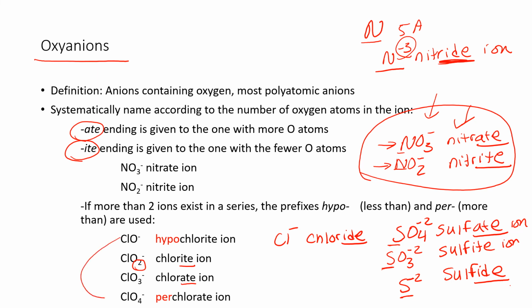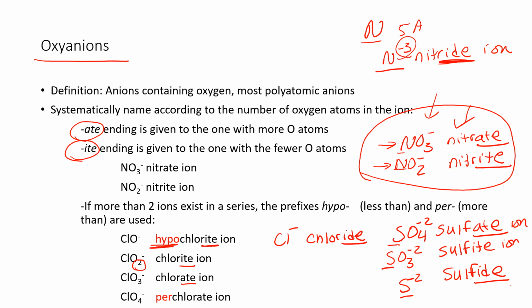Now, the chlorate series also has hypochlorite in it. So look at, what does hypo mean? Think about what it means when you're hypoglycemic. It means your blood sugar gets really low, right? So hypo means less. So hypo is 1 less oxygen than the ite. So it's ClO negative, but the charge stays the same.